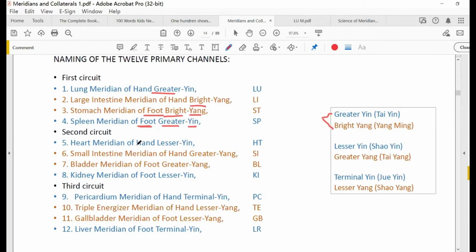And the second circuit: the yin meridian, lesser yin, Shao Yin, and greater yang, Tai Yang.